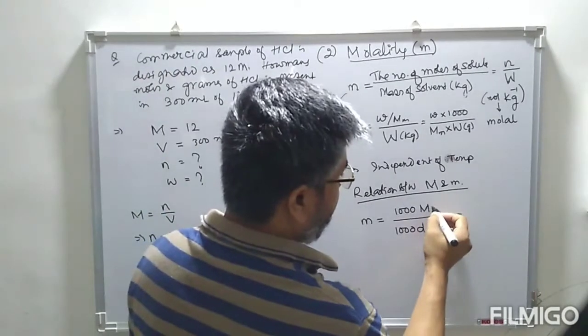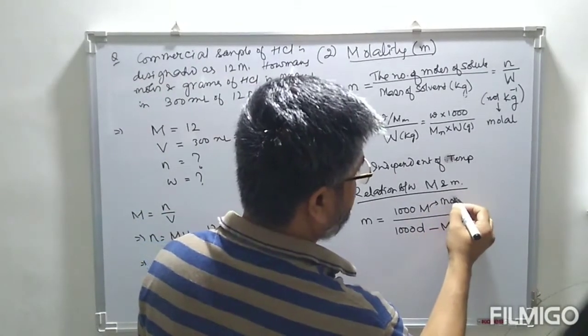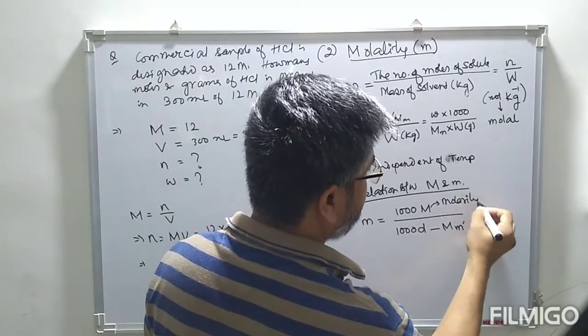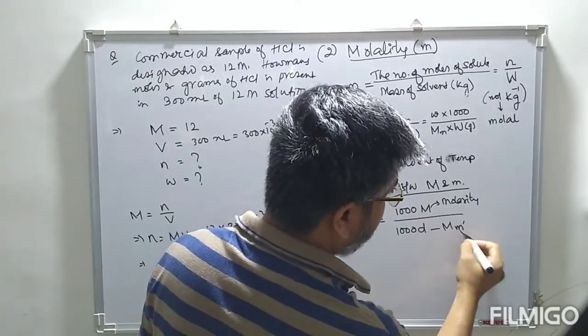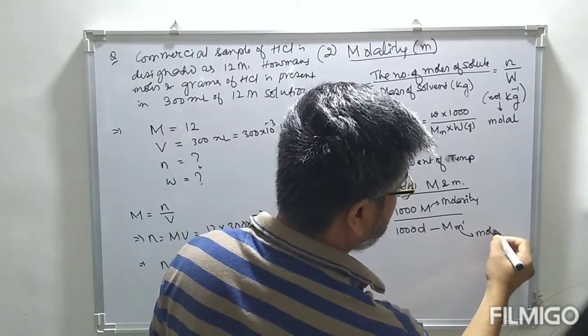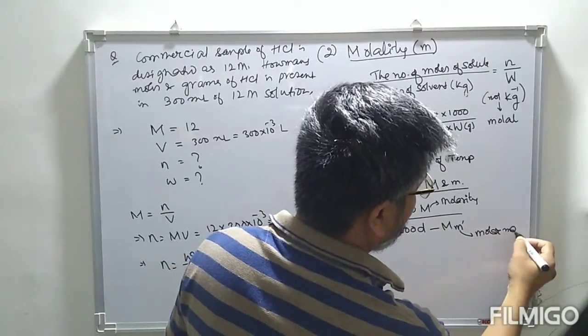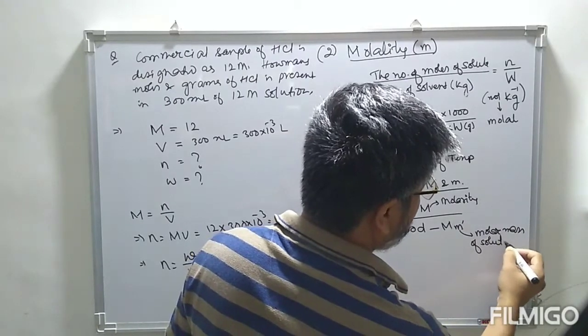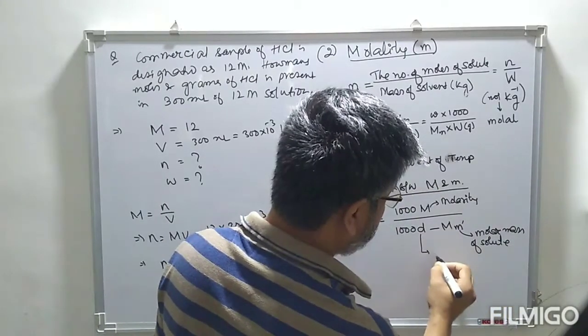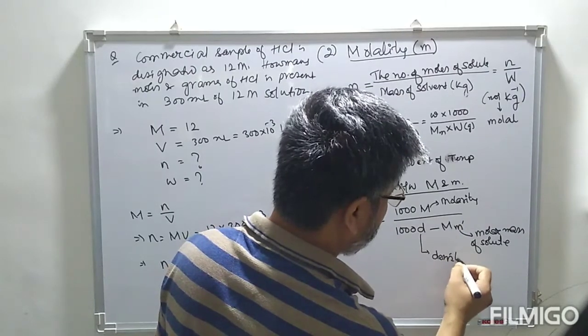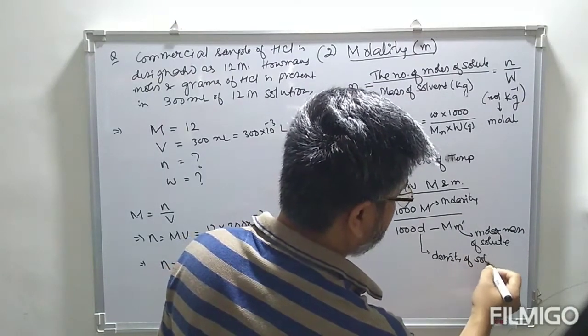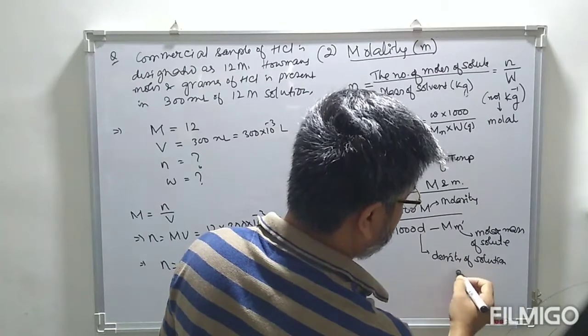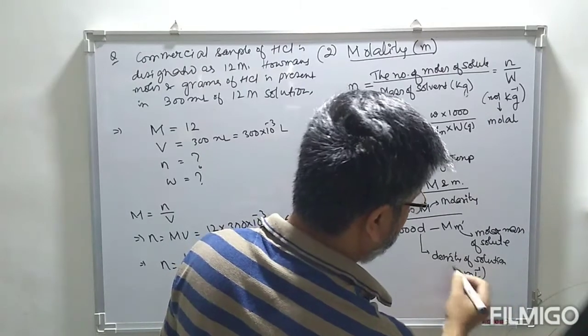What is capital M? This represents molarity. Small m prime represents the molar mass of solute, and D represents the density of solution in gram per ml.